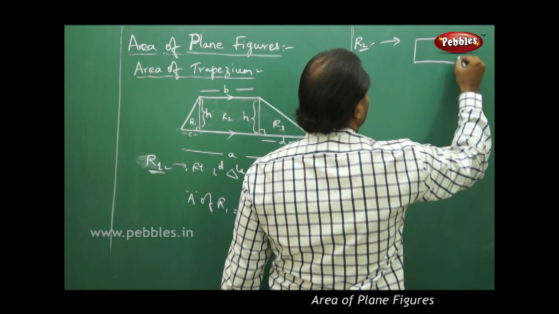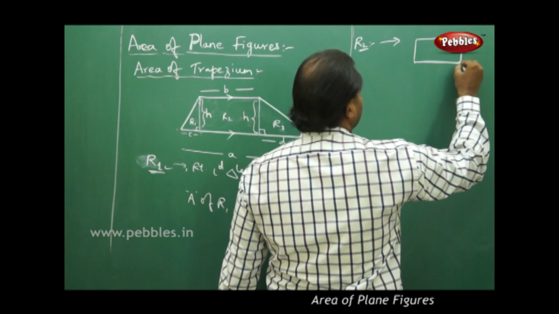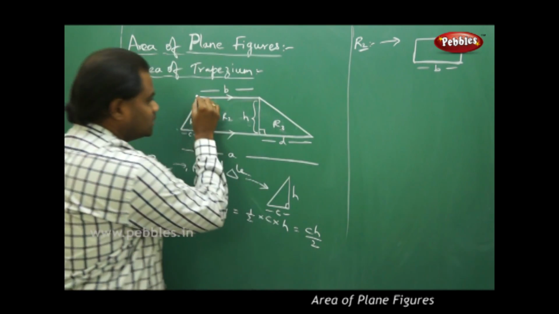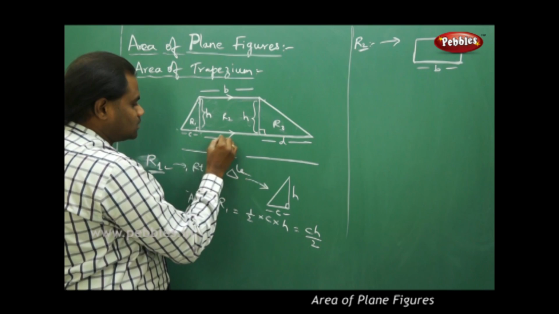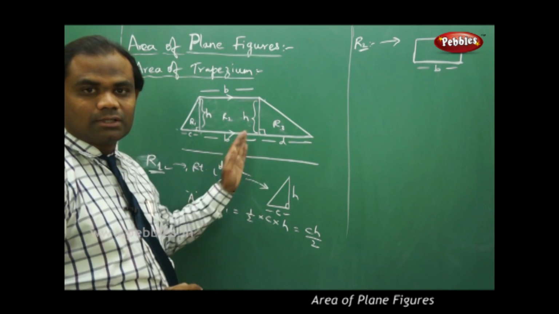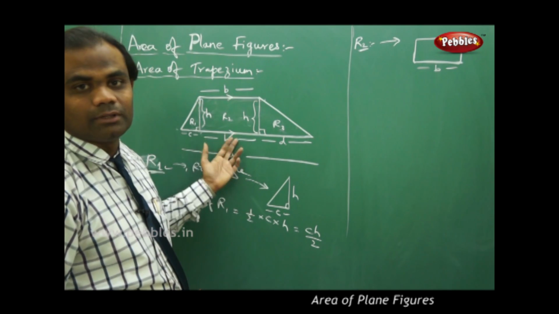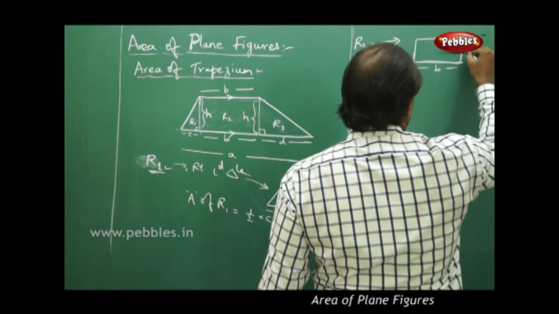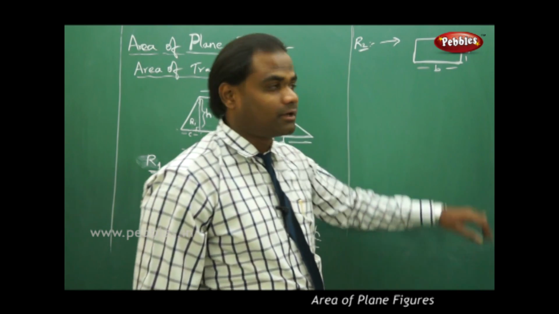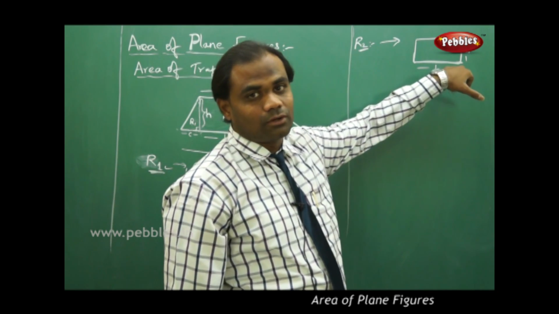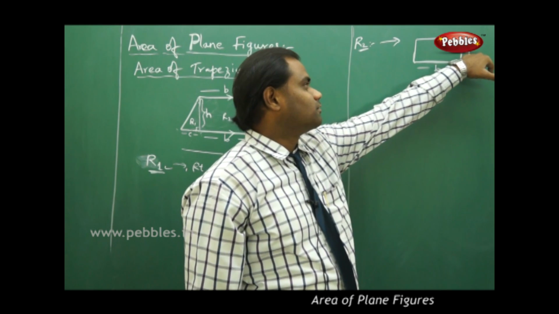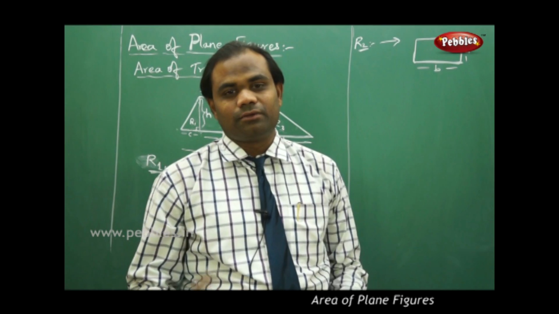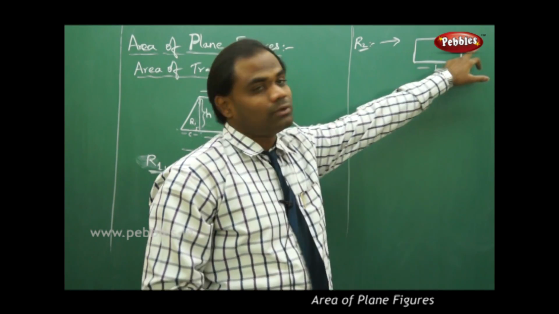So this is a rectangle in which my base is B, because when this is B and these two are parallel, obviously this also has the same dimension as that of B. So this also is B. My length is B and my width is H, because this acts as the height of the trapezium. So the length of the rectangle is B, and the width of the rectangle is H. Therefore, we know that area of a rectangle is length into width. Therefore, I get B into H.